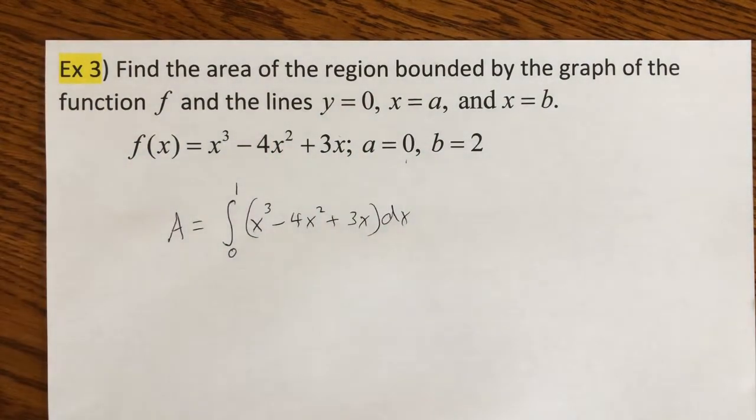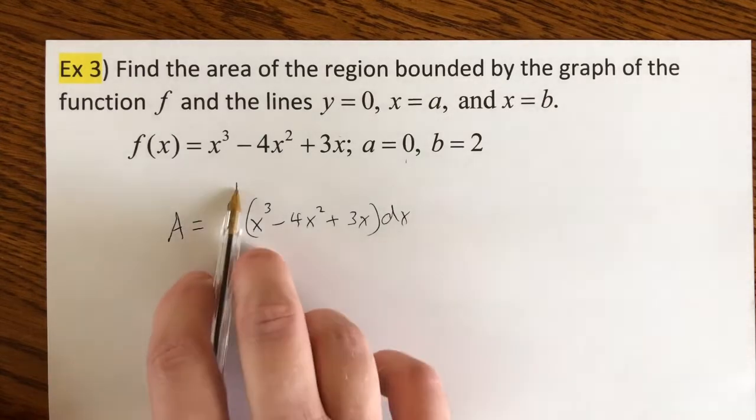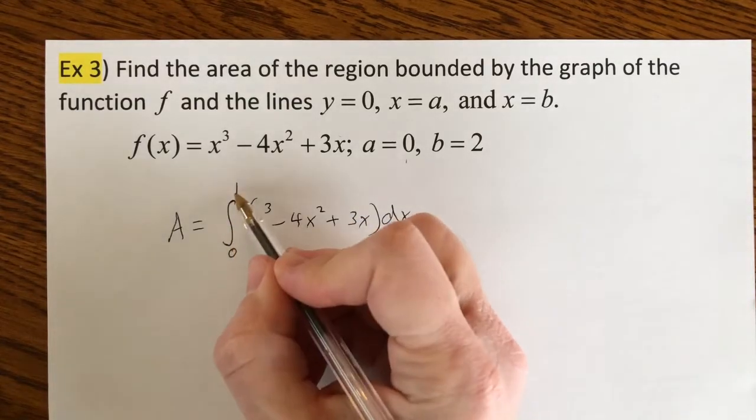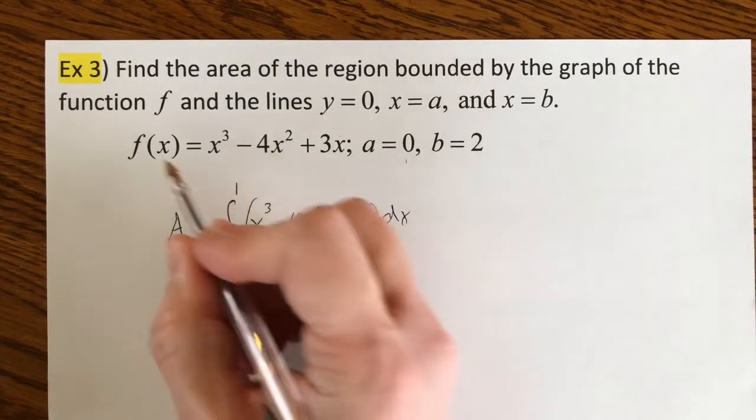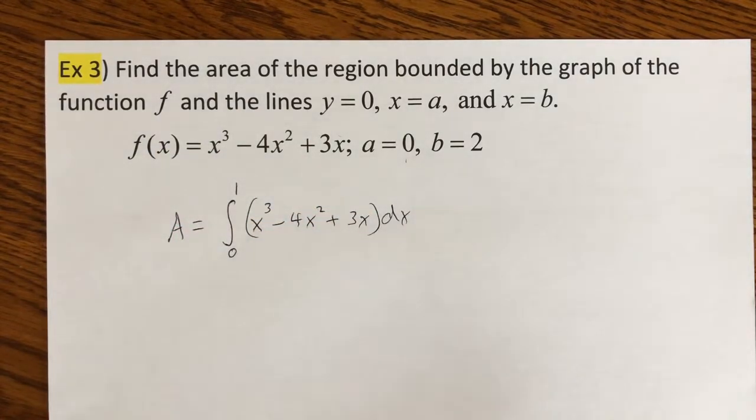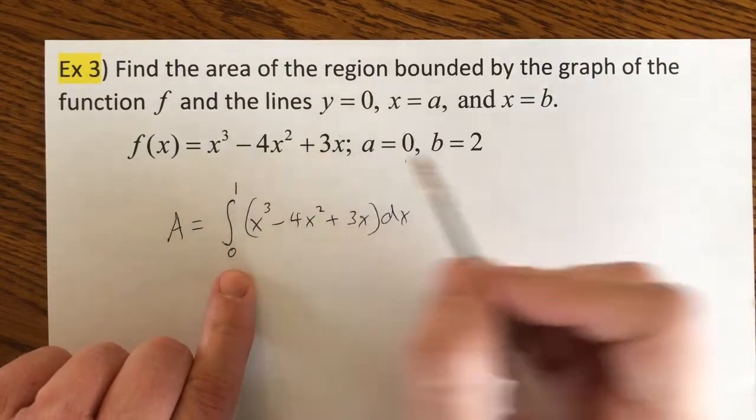Note that these are also zeros of the function. Those are actual x-intercept values. If x is 0, the function is 0. If x is 1, the function is, again, 0. They're x-intercepts on the graph of this function.